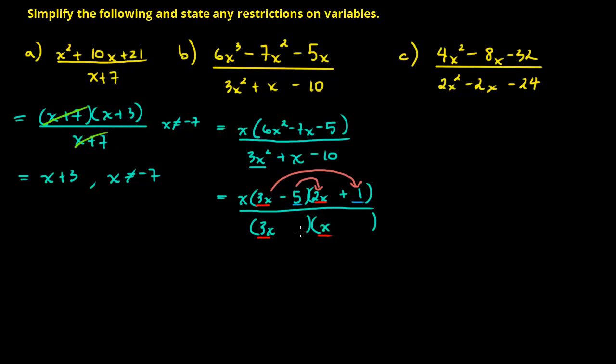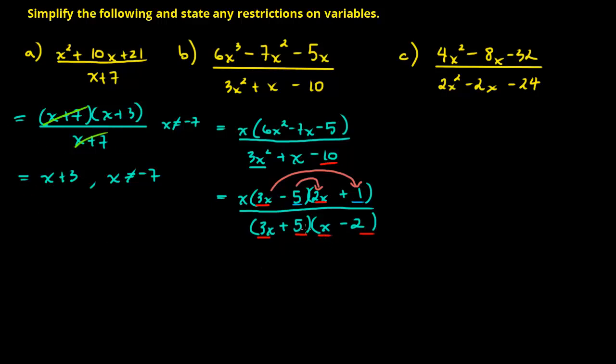Now I also need a term here and here that multiply to give me minus 10. So let's try, I don't know, let's try positive 5 and minus 2. Now we have to check to make sure that the middle term is correct.